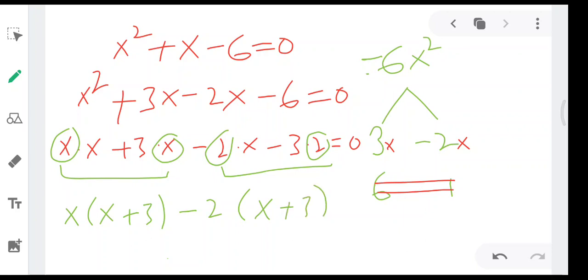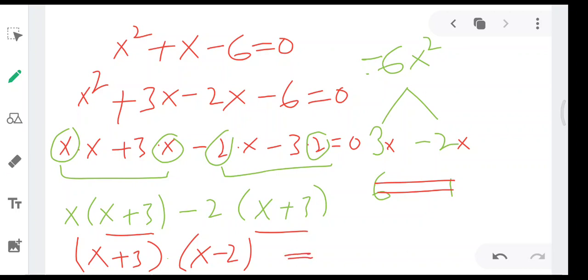You can see x plus 3 again; this will always be the same. So I'll take x plus 3 common again, remains x minus 2. So finally our factors are x plus 3 and x minus 2.